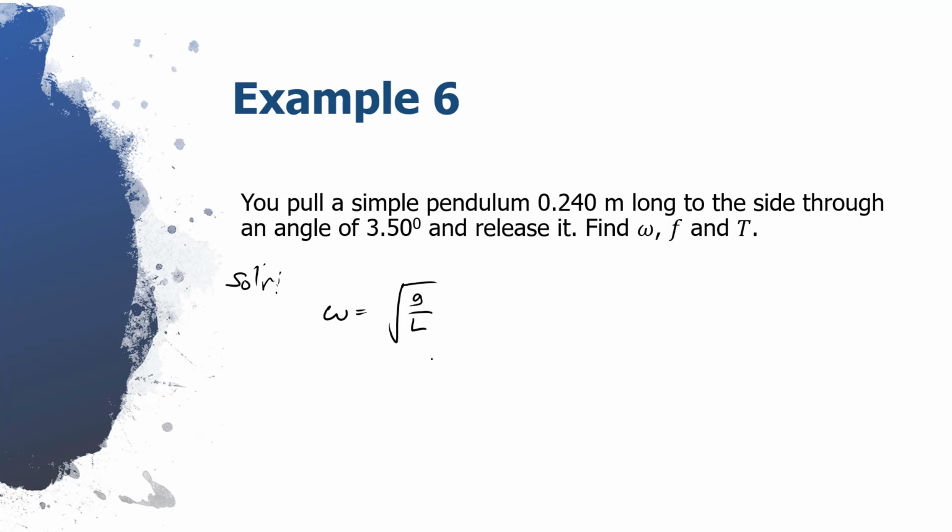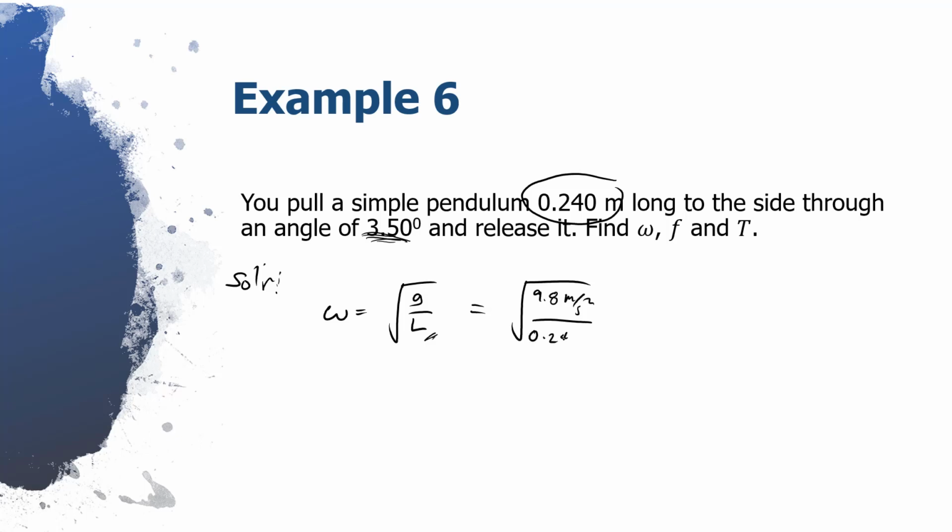It is just dependent on the length, not on the angle 3.50 degrees. So omega is equal to the square root of g, which is 9.8 meters per second squared, over L. L is given, which is equal to 0.240 meters.